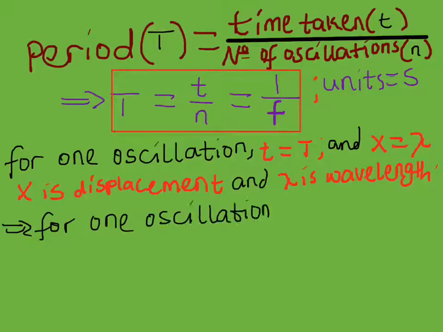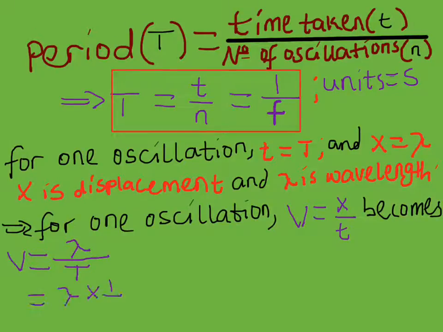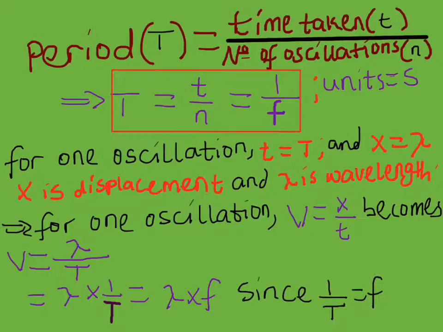So from our formula of velocity, which is displacement over time, it means for one oscillation, the velocity will become wavelength over the period. Just like wavelength times 1 over T. But 1 over T is equal to f.